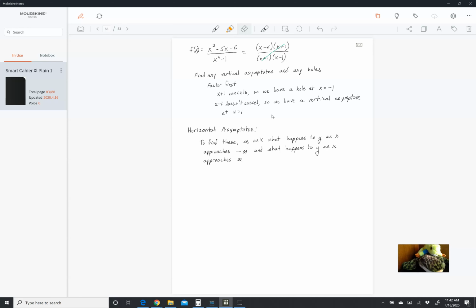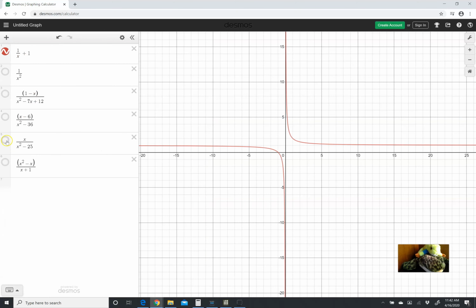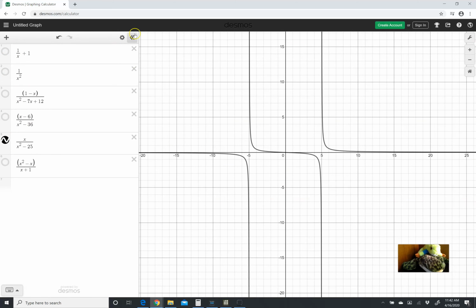Now there's something else important to know. Let's go back in here. This function here is an example of where there are two vertical asymptotes.